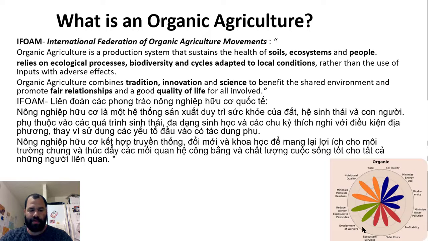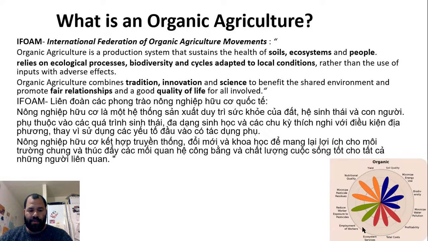However, if we look at other definitions, we can see that other people define organic agriculture in a more broad and holistic approach. Let's look at the IFOAM, or International Federation of Organic Agriculture Movements, based in Europe, definition. They define organic agriculture as the production system that sustains the health of soils, ecosystems, and people.